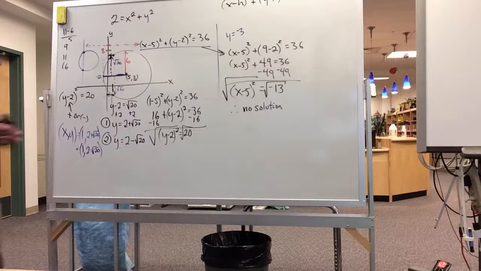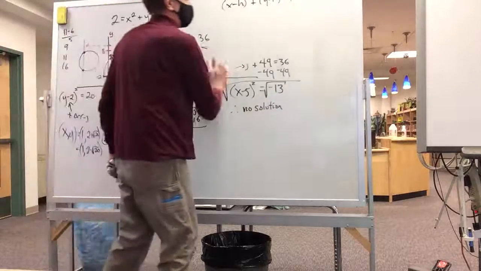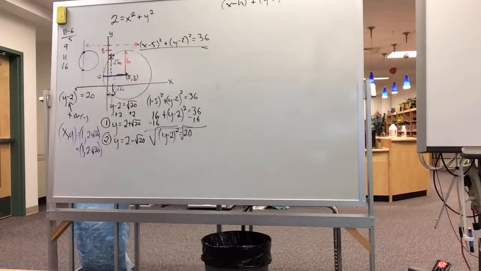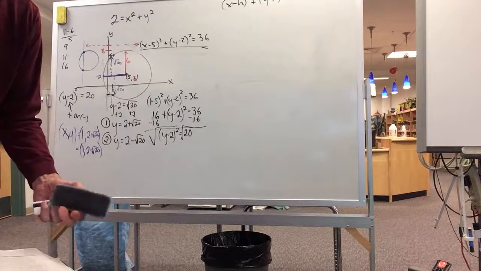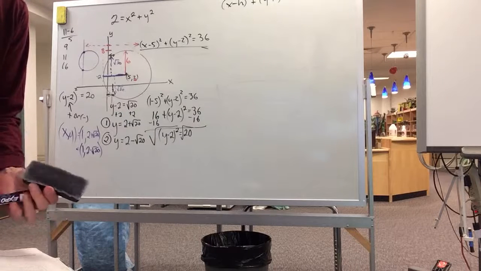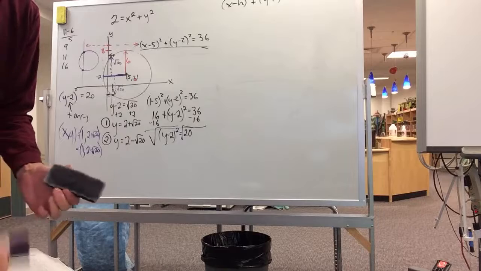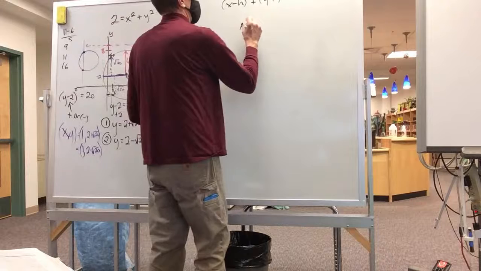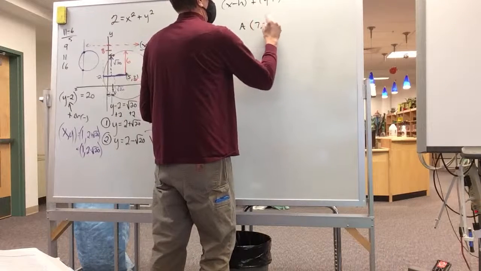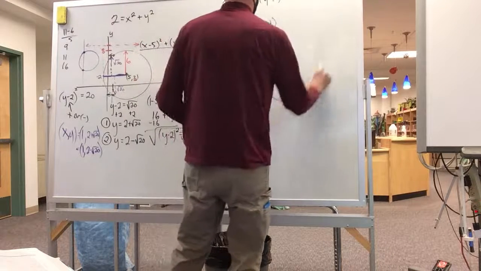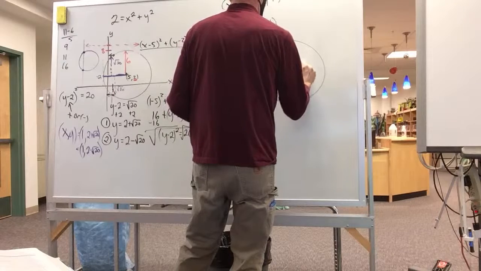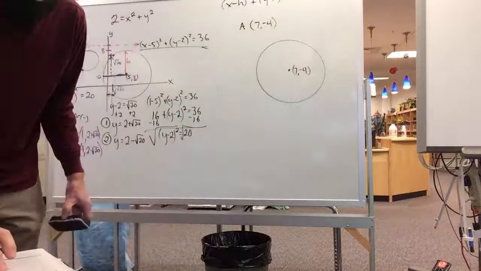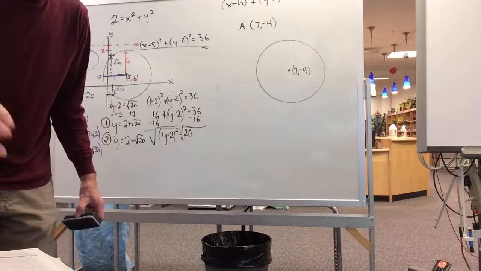Okay, so for number 11, they give us a center. They say the center is negative 7, 4, so point A. And it contains the point negative 10, 1.